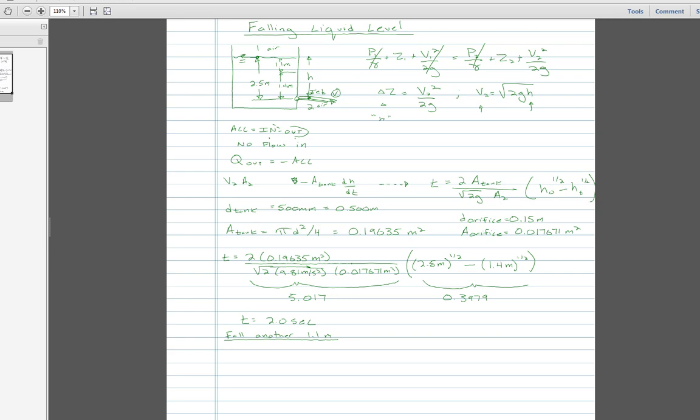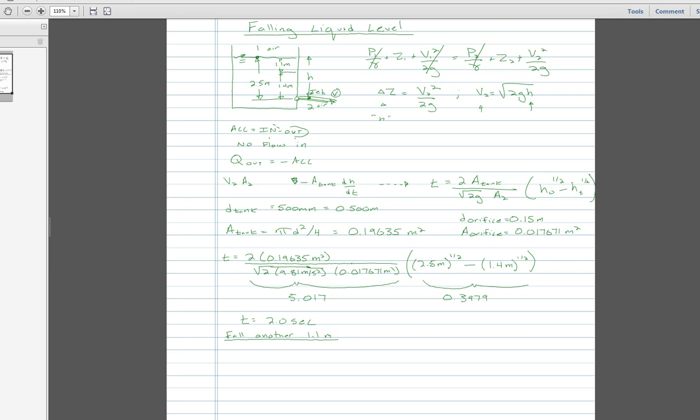But then after h dropped, that means that the velocity is going to decrease, and since the velocity is decreased, the flow rate out of the tank is decreased. And so will it take more time or less time for it to fall another 1.1 meters? Well, it should be clear to us that it's going to take more time because the flow rate out is decreasing. Therefore, it's going to take longer for it to fall the same 1.1 meters that it did before.